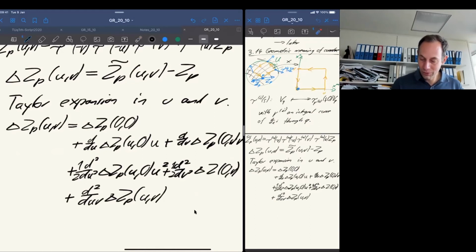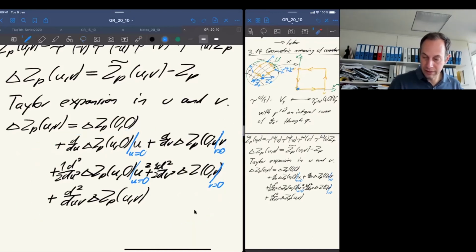And of course, what I forgot to write here, but should, is that when I take the Taylor expansion, I should always evaluate around the point around which I expand. So I indicate this with these blue vertical lines, that I want to evaluate this at u equals 0 at the point where I draw the line. So this is v equals 0. And I see that space is a bit tight, so let me move this whole thing a little bit.